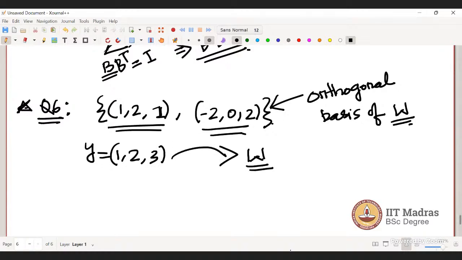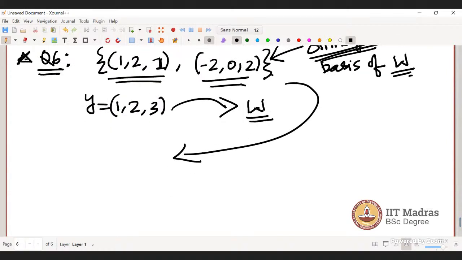Since an orthogonal basis is given, we have to convert it into an orthonormal basis. For that, we just need to divide by the norm, right?